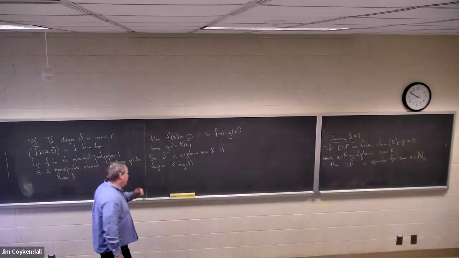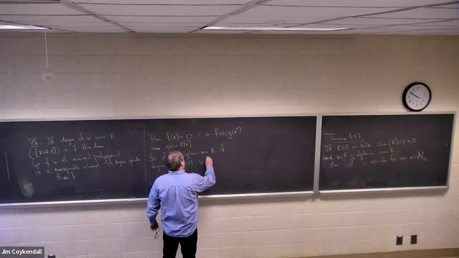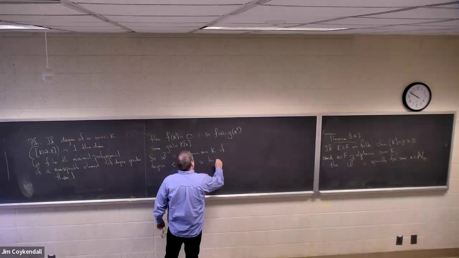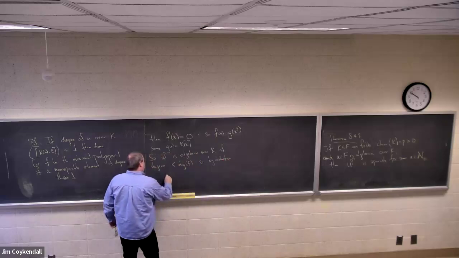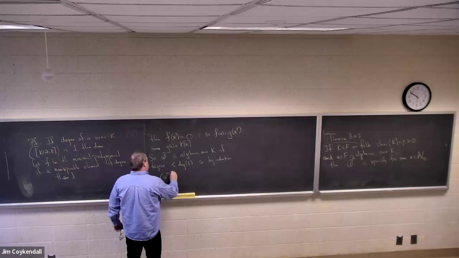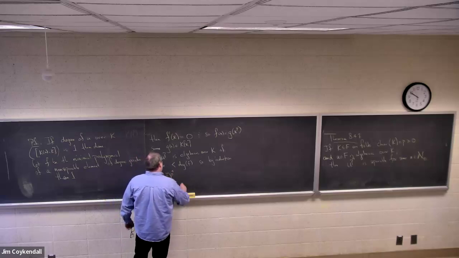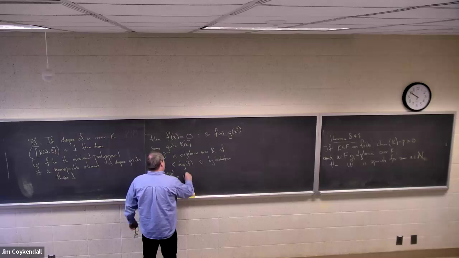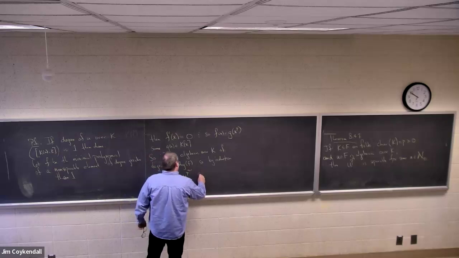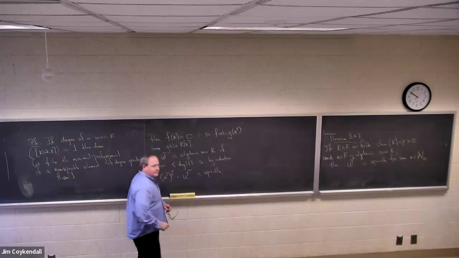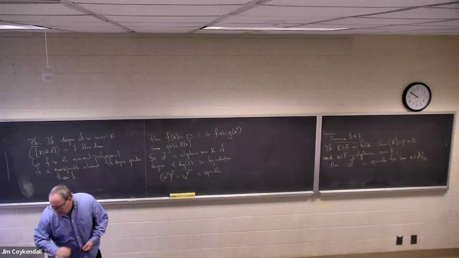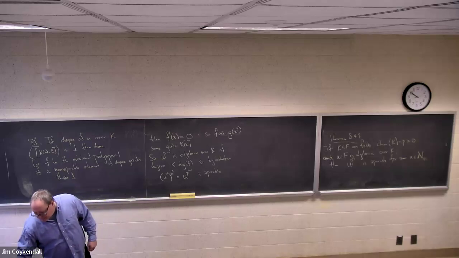So by induction, u to the p to the n, which is u to the p to the n plus one, is separable. And we're done. Okay, any questions?